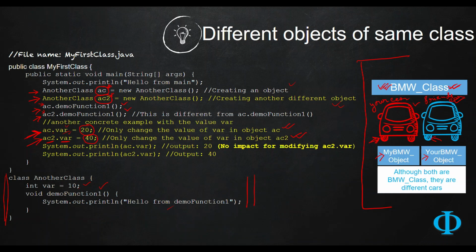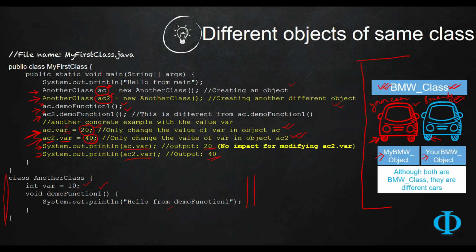There is no flat tire because they are different tires. The same thing here: if you print the values of this variable, you will see that ac.var will give you the value 20, which you have set here, and ac2.var will give you 40, which you have set here.